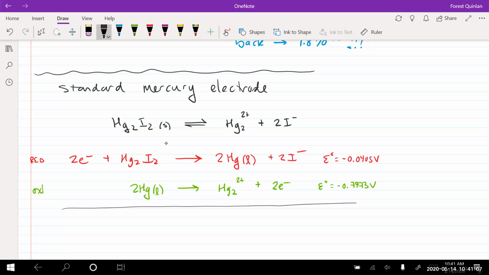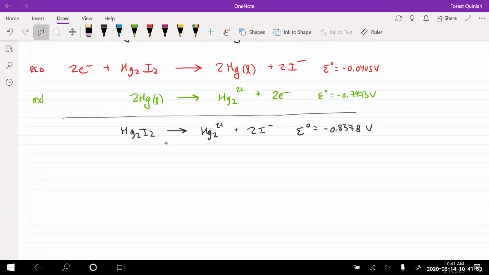So at the end of the day, when you take these two together, Hg2I2 becoming Hg2 2 plus and 2 I minuses, since the oxidation one has already been flipped around for you, its sign is already there. The E naught there is negative 0.8378 volts. That is horrible handwriting there. 0.8378 volts. Okay.